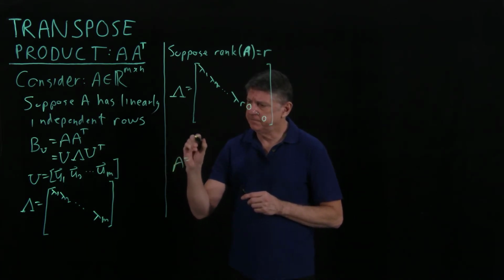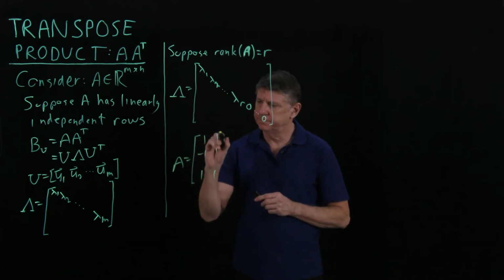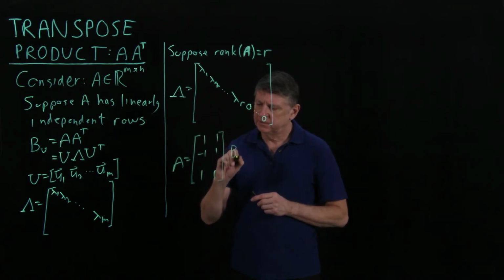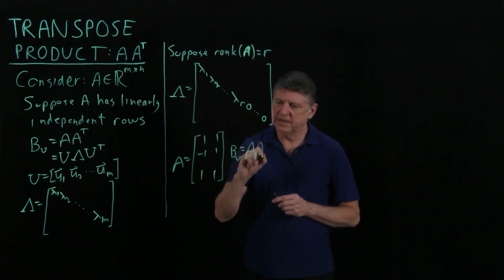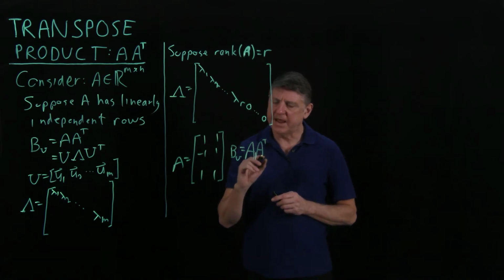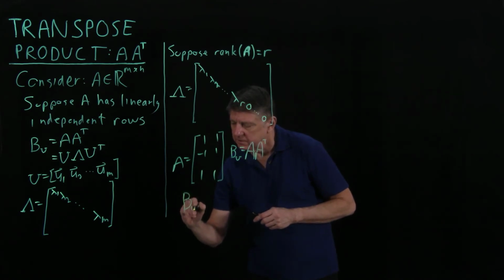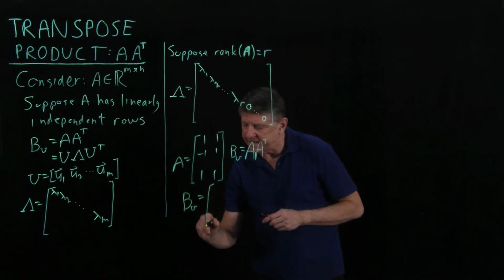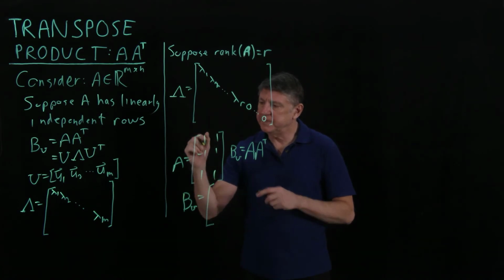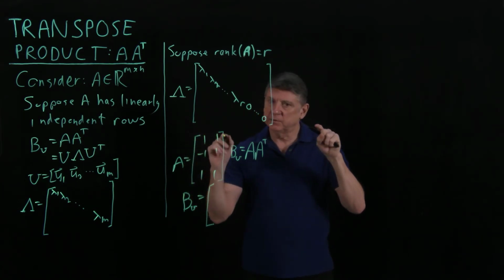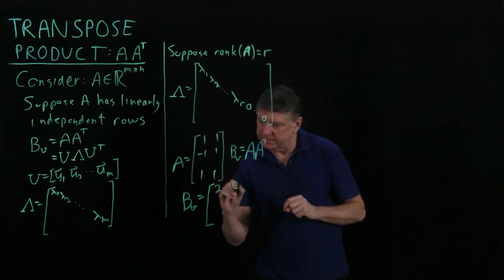Let's go through an example, and let's use the same example A as we've used in previous sessions. That matrix A was 1, minus 1, 1, 1, 1, 1. And now this U version of the symmetric matrix is A times A transpose, so this matrix B sub U will be a 3 by 3 because we have 3 rows.